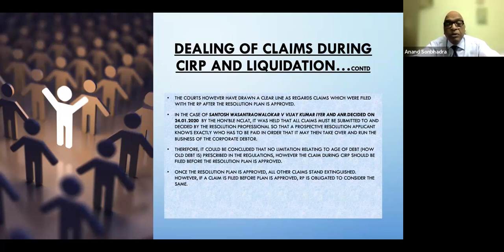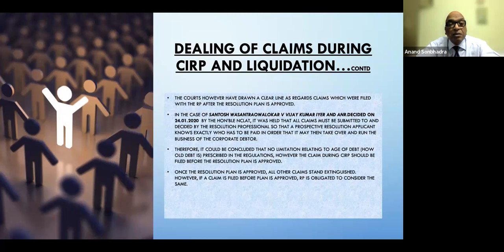However, there could be a peculiar situation if a claim has been filed, not accepted, or reduced on verification, and the claimant has gone to the tribunal. That means he has already filed.